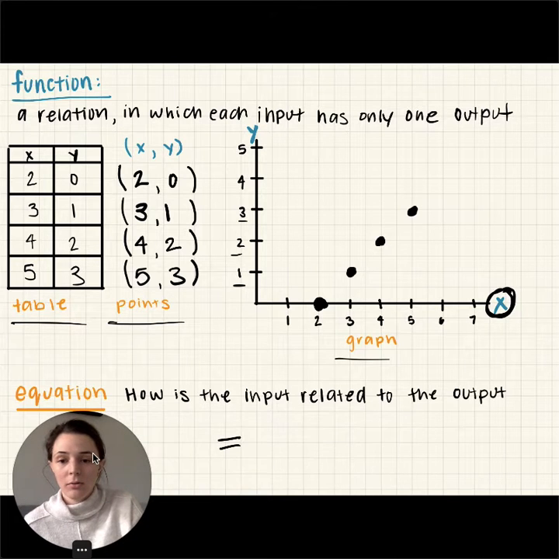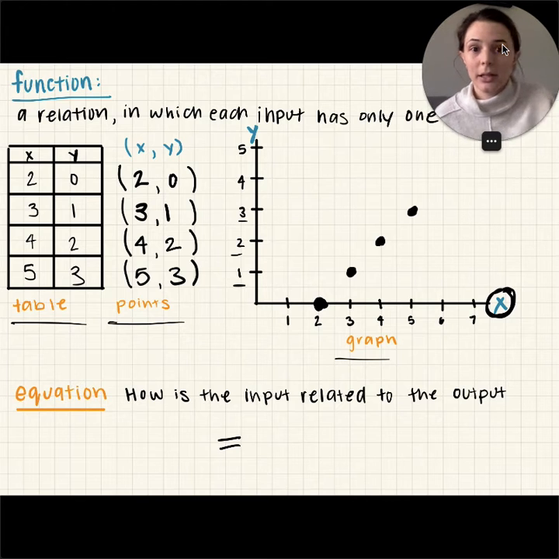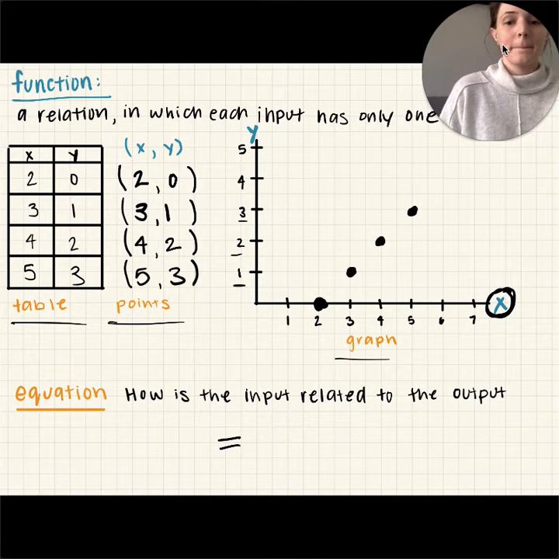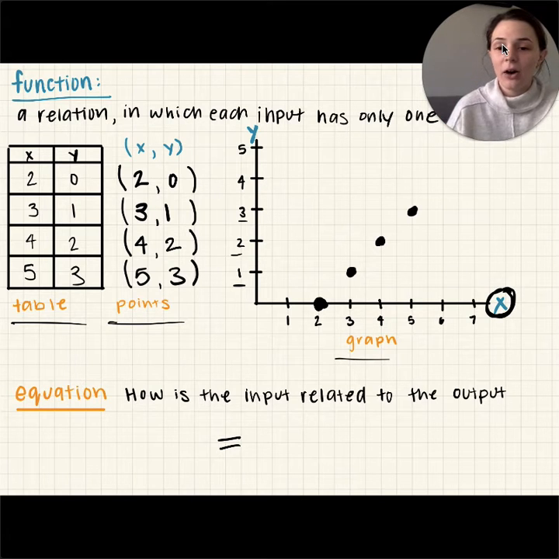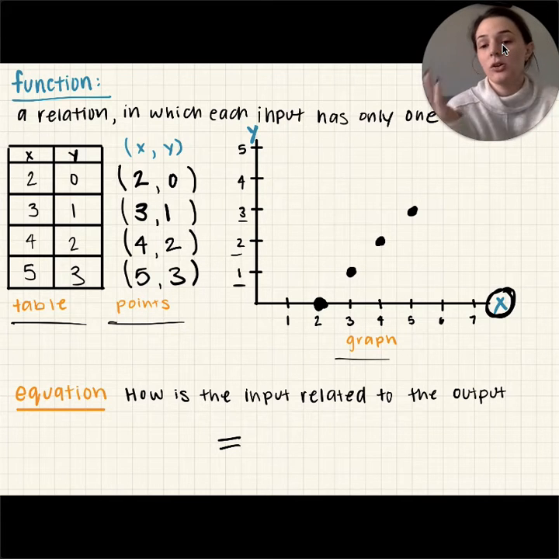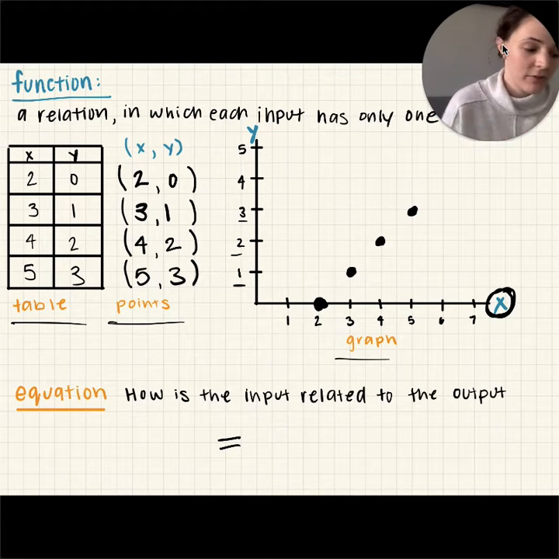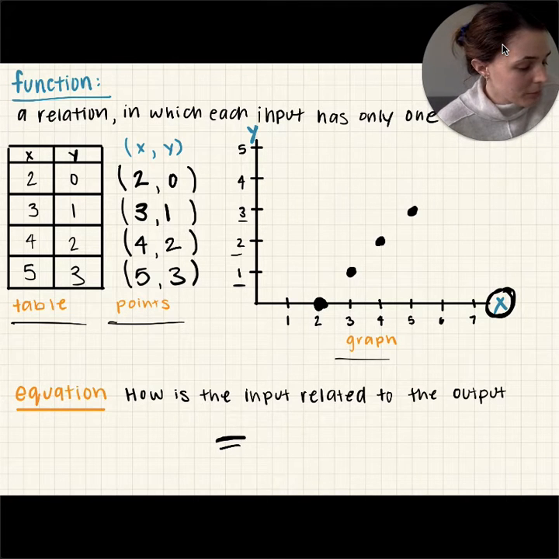So now, let me move this out of the way here. There we go. So we're going to use the equation to say exactly how the input is related to the output. I know it's an equation, so it's going to have an equal sign. So I started out by just putting my equal sign here in the middle.